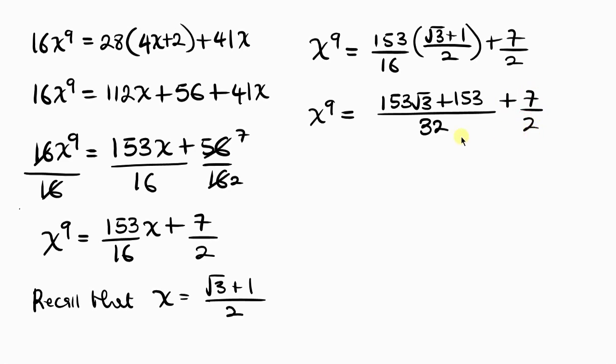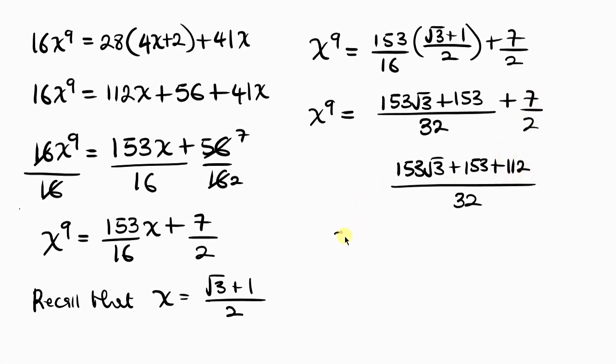Well, we can take the LCM. The LCM of 32 and 2 is actually 32. So LCM 32. So 32 divided by 32 is 1 times what we have here, which is 153 root 3 plus 153, plus, now 32 divided by 2 is 16, and 16 times 7 is 112.